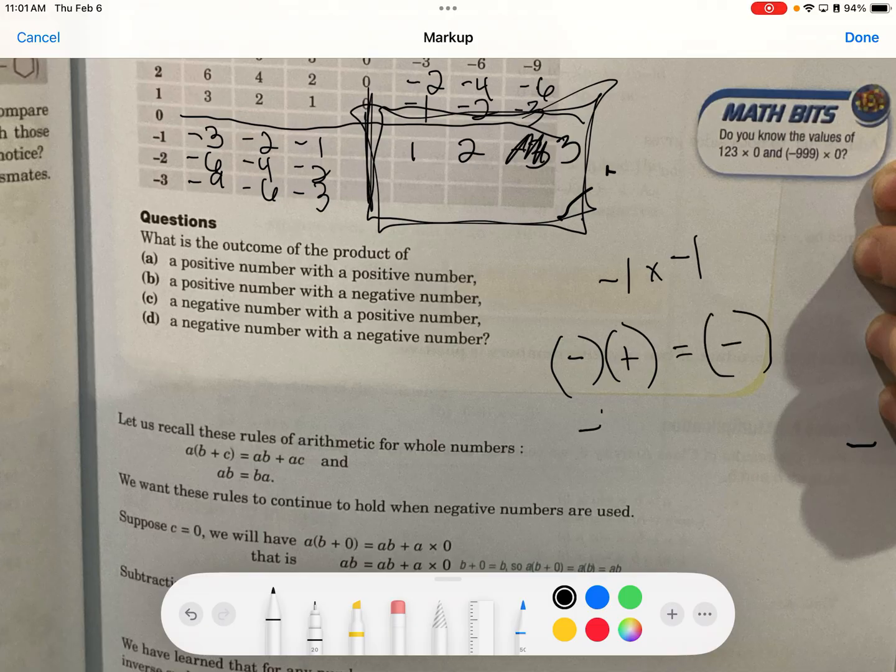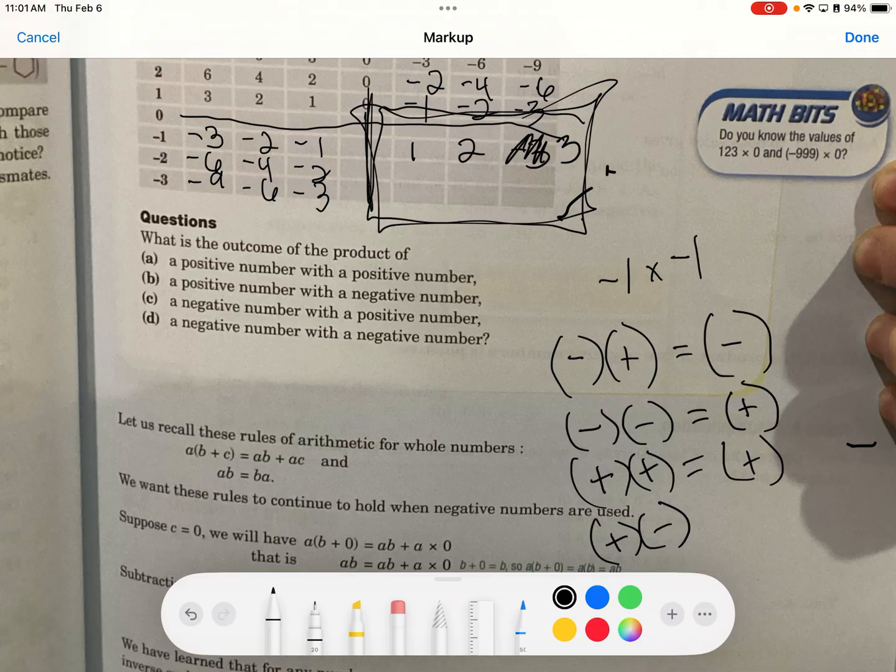If we have negative times negative, we get a positive. If we have positive times positive, we get positive. And if we do positive times negative, which is the same as that, obviously we would get negative.